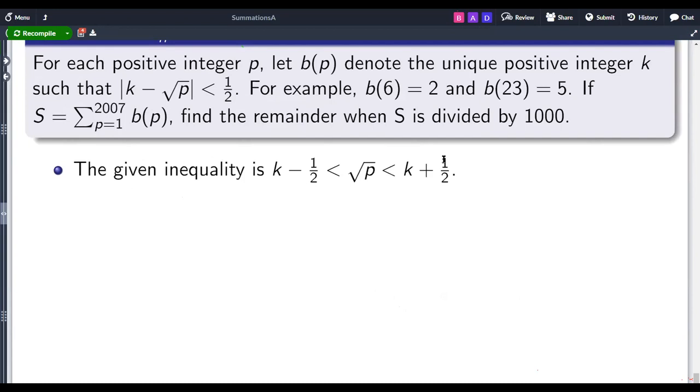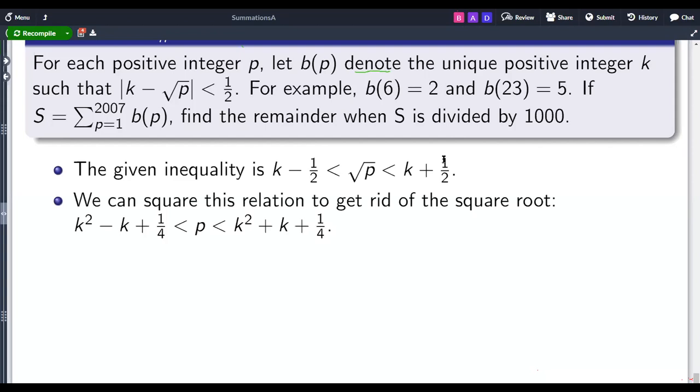And so to determine what values of p work such that b of p is k, we have to square both sides, as I think Alex said. So if we square both sides, then we get k squared minus k plus 1/4 is less than p, which is less than k squared plus k plus 1/4.